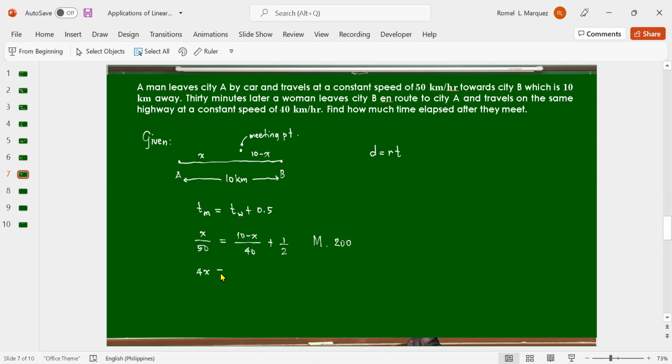So 4x equals 5 times (10 minus x), and this is plus 100. Am I correct, guys? So 4x equals 50 minus 5x plus 100. So getting 9x equals 150. What is x, guys?